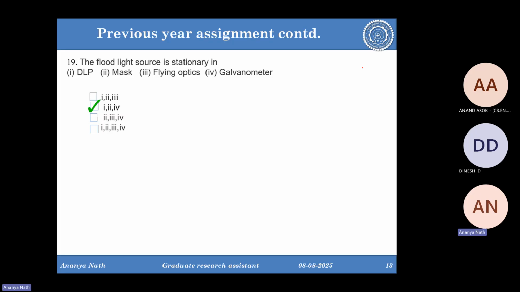And in the galvanometer, again, the galvanometer will have the arrangement of mirrors in the X and Y direction. The mirrors will just deflect at an angle in such a way that the required amount of UV light will be reflected and reach the build plate. So the UV light is stationary. Flying optics means the UV light is moving on the build plate and curing the part.